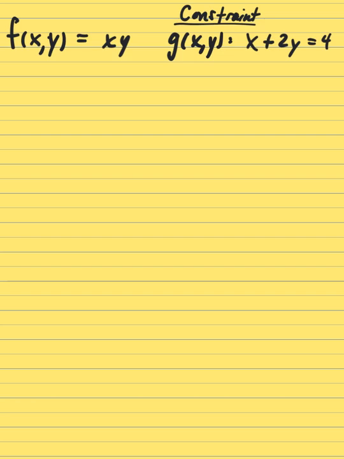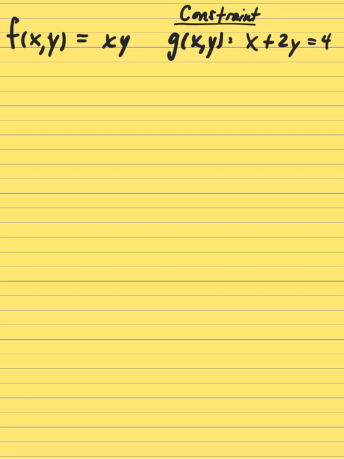The technique for maximizing or minimizing a function over a constraint has a lot of steps. I try to do it the same way over and over, so that's the technique I hope to apply for you guys listening and following along.